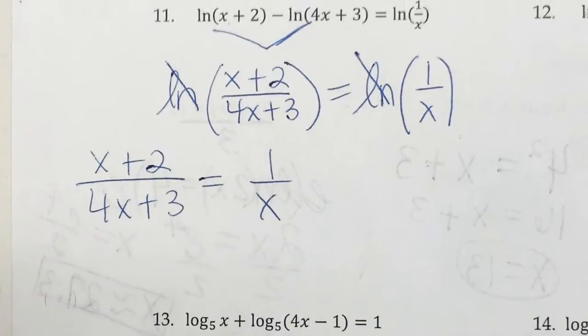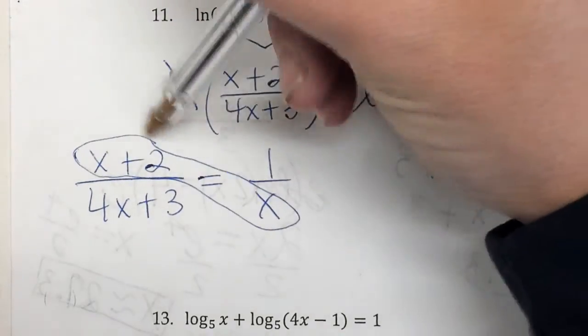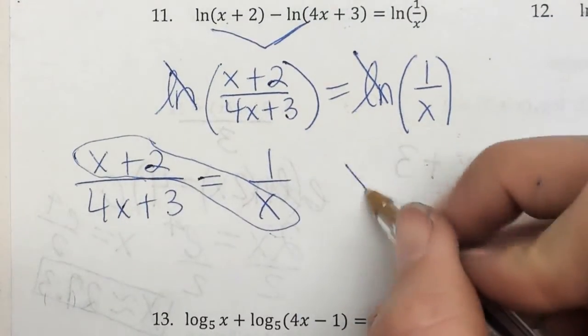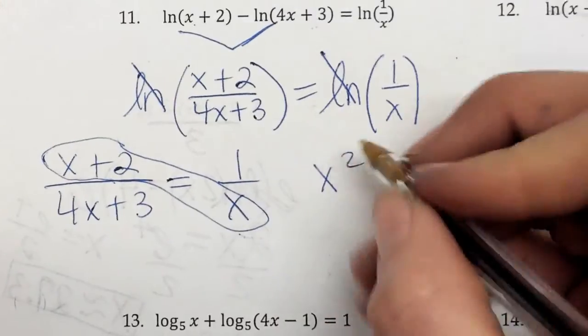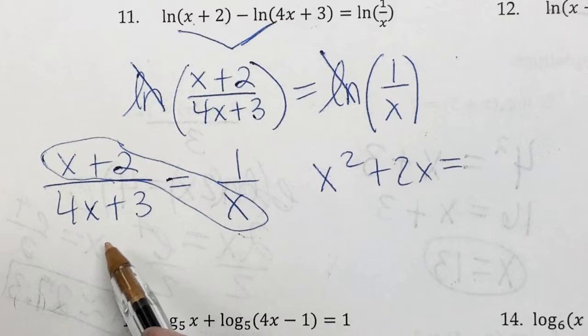Now this looks difficult, but we could do what here? Multiply. Yes. Easier than that. Cross multiply. Okay? So what is x times x? X squared. What's 2 times x? Equals 1 times all of this will just be itself, right?